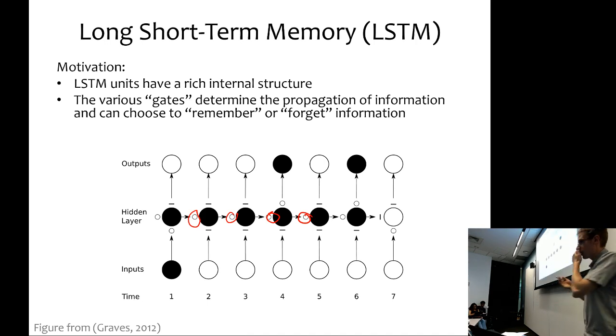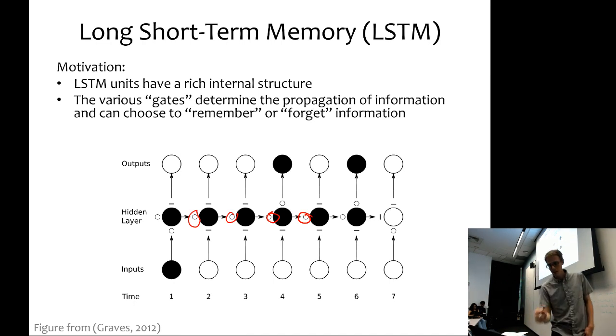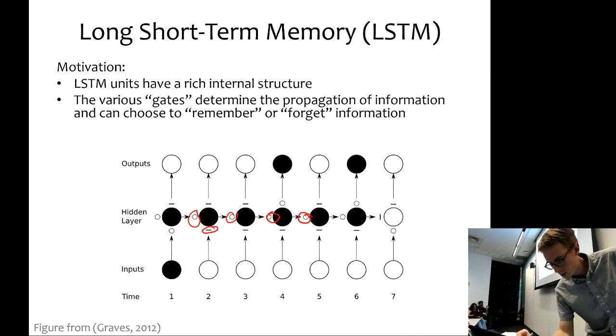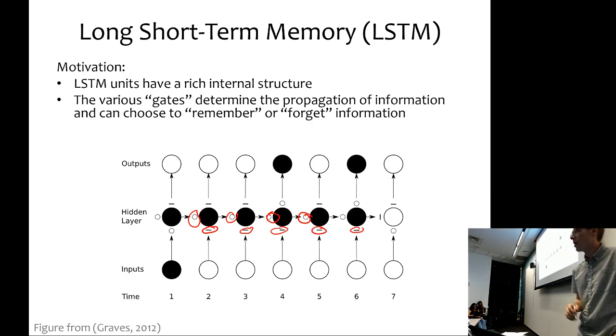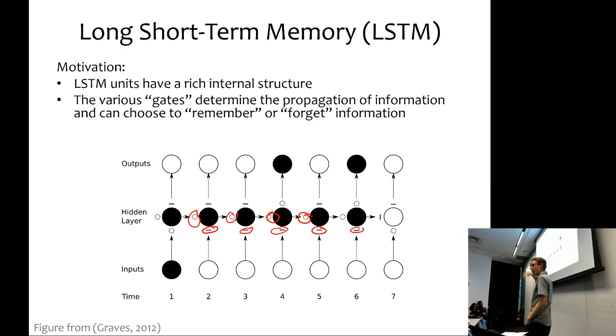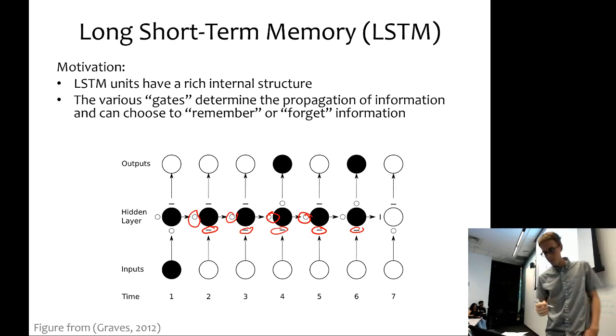And so the information from the input at time 1 is just getting shuttled along down the line. But these gates, which would be accepting the input at time 2, 3, 4, 5, and 6, those are actually closed, and so they're not getting let through. So the information is able to propagate really well, and it's not distracted by the other words in the sentence.